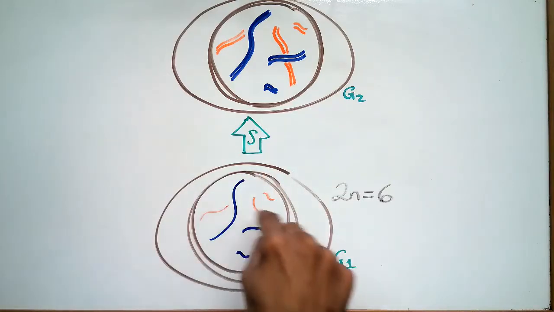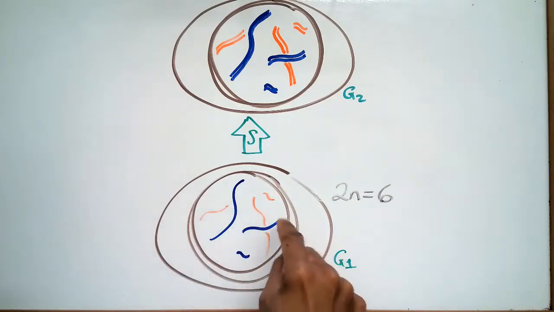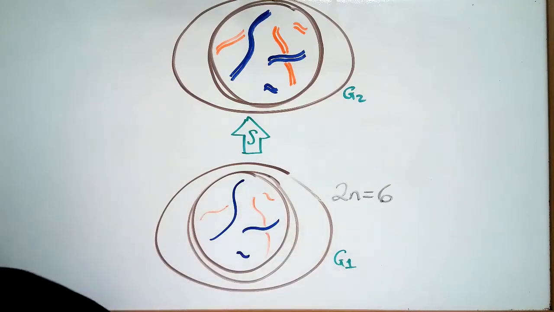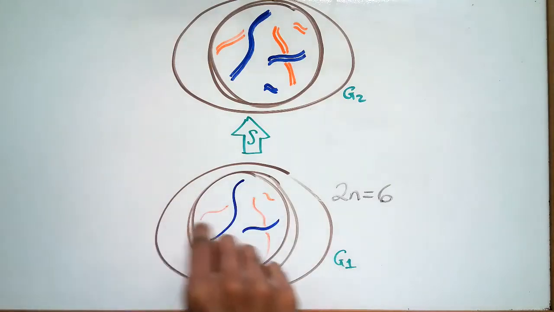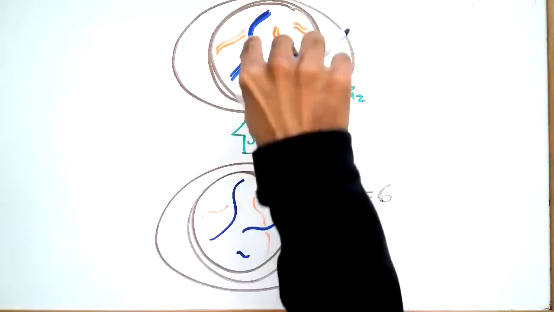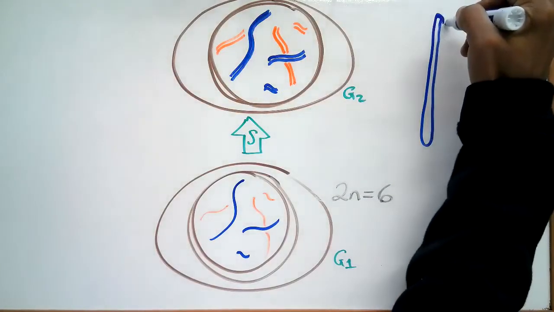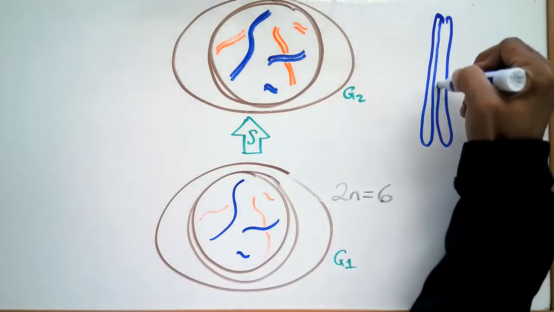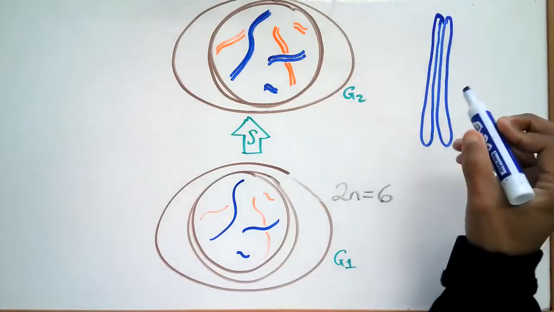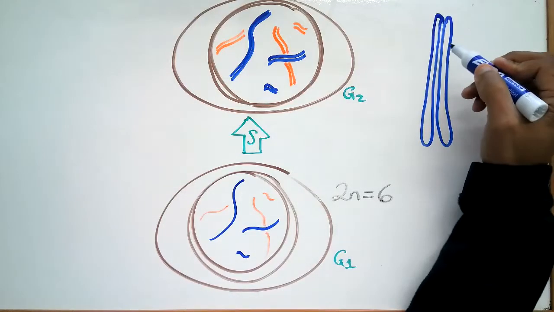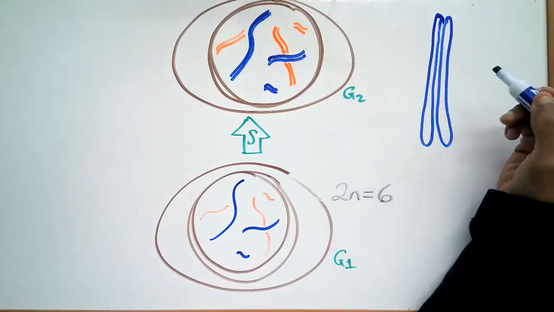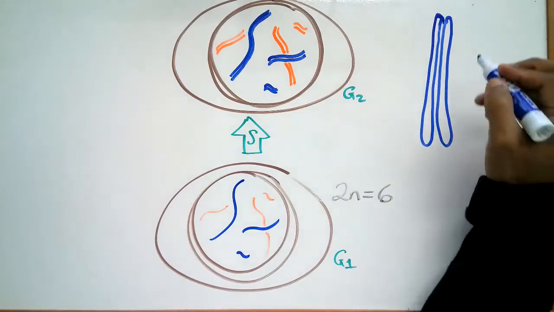So let's just look at two of these chromosomes here. Let's look at the big ones. And so I'll just sort of redraw these larger. Okay. So there's this big one here, and it's copy. And let's just say that there are hundreds of genes on this chromosome, right?